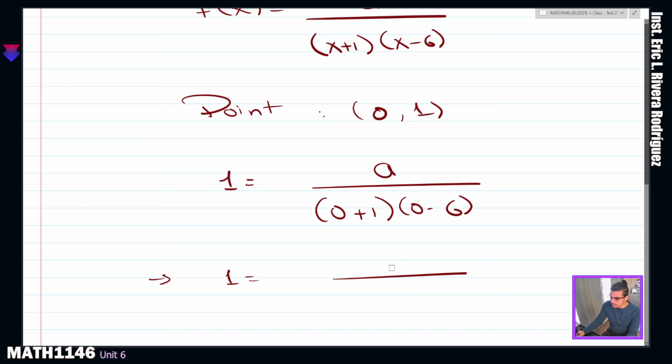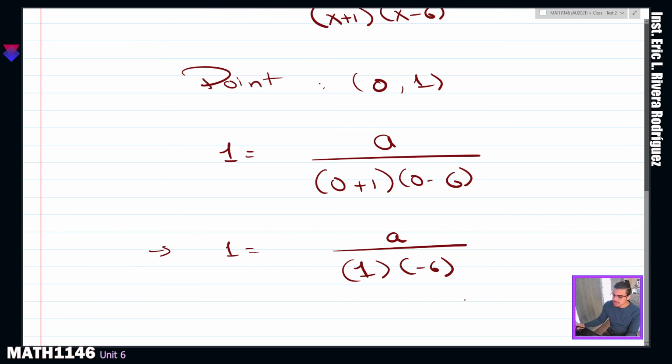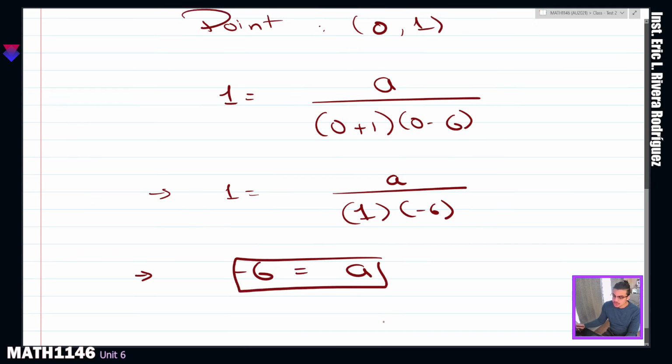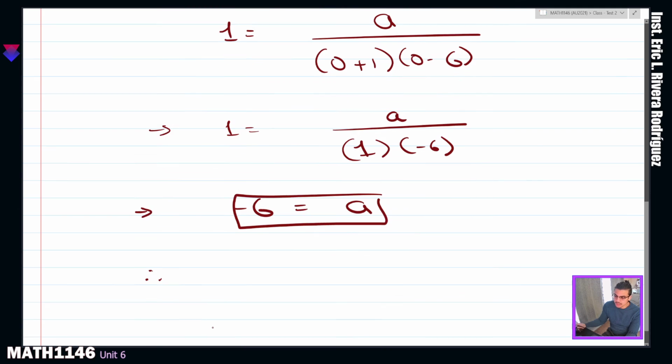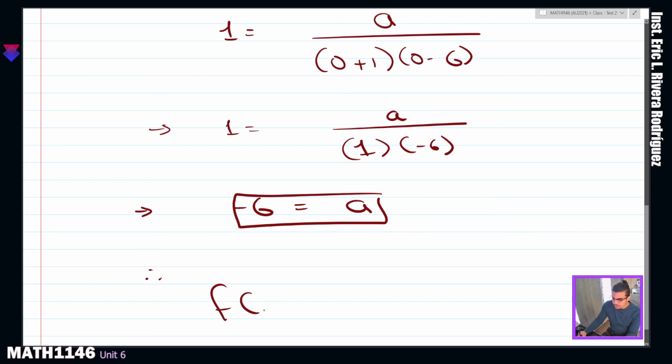And this is a, not 9. So 1 times -6, so this is all -6. Multiplying both sides by -6, we get that -6 on the left side is equal to a. So our answer is f of x equals -6 over (x plus 1)(x minus 6).